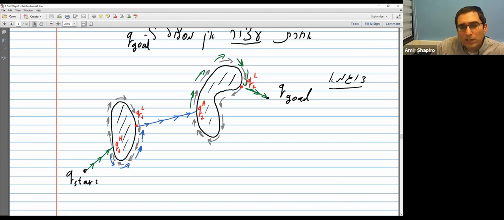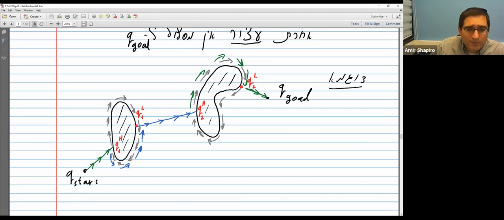I go directly to the goal until I hit another obstacle. When I hit another obstacle, I go around it until I finish a complete cycle. Then I find the point along the obstacle boundary which is closest to the goal, go along the shortest side of the obstacle to this point, and then go to the goal directly.